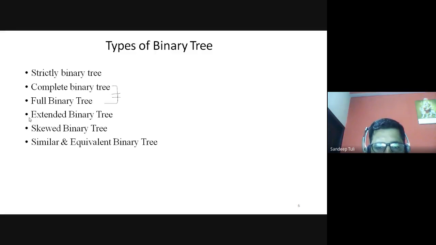No one? So one person has given the answer: at most, maximum 2 children. So what is the difference between a strictly binary tree and a binary tree? In a binary tree also we say at most 2 children, and in a strictly binary tree we are also saying maximum 2 children. So both are the same thing. What is the difference between a strictly binary tree and a simple binary tree?